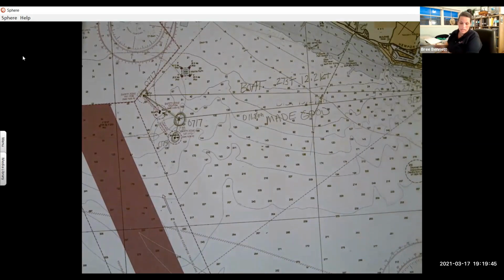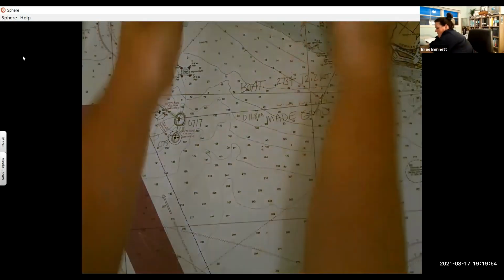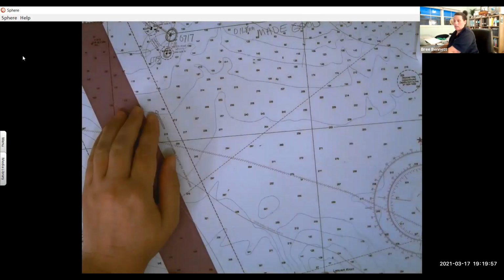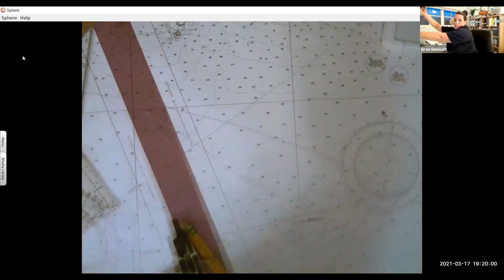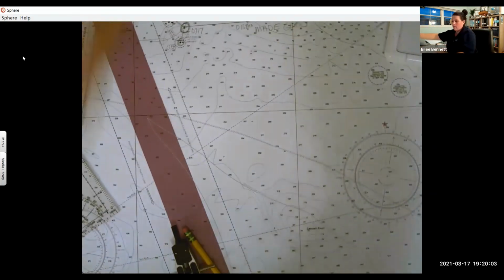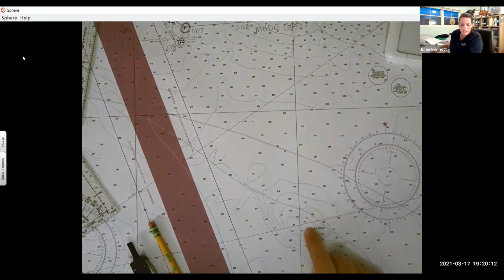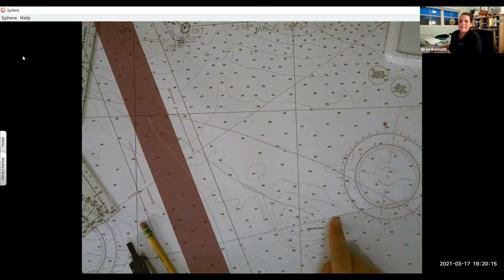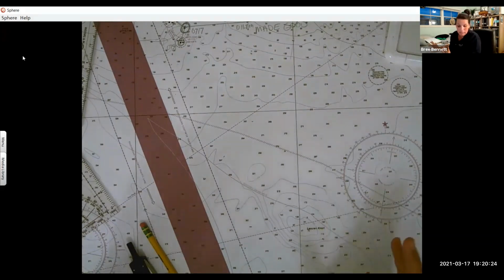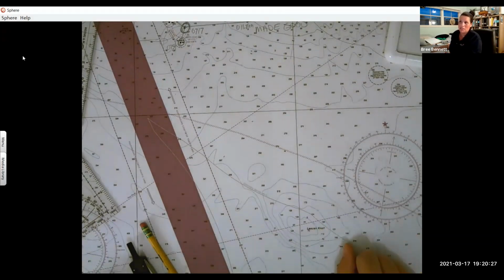So from Eureka, since you've been skunked so far, you decide to head to 14 Mile Bank. That is going to be down here. It gives us a latitude and longitude. So we probably have this set as a waypoint in our GPS or our nav plotter as 14 Mile Bank fishing location or something like that.